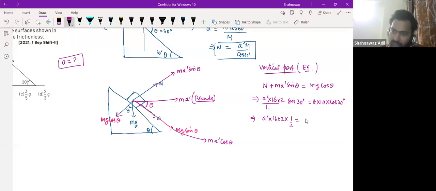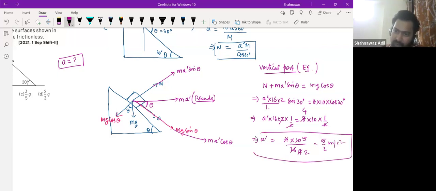And this is 8 into 10 into cos 30 is 1 by 2. So this 2 and this 2 cancel. This is 4. And A prime is how much? This is 4 into 10 divided by 16. So 4 fours are 16, and then we have 2 and 5. So 5 by 2 meter per second square.